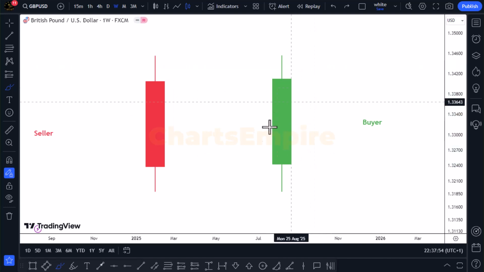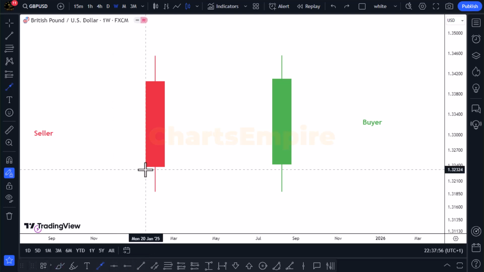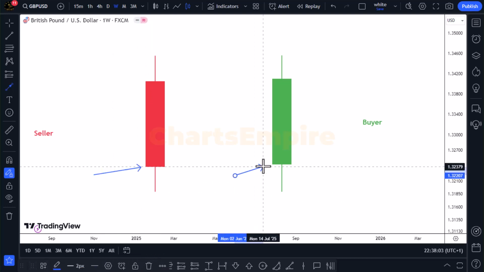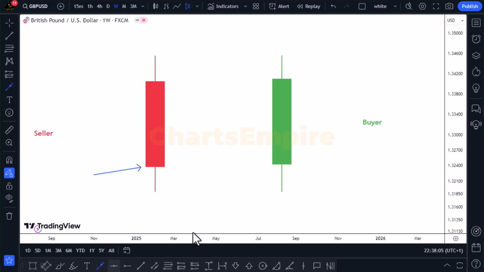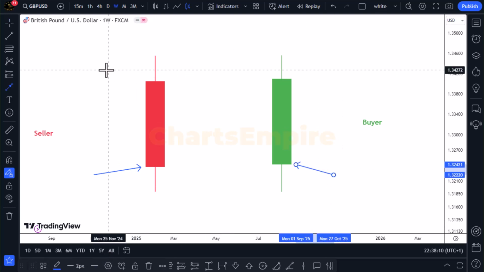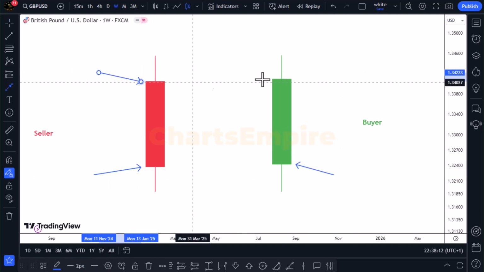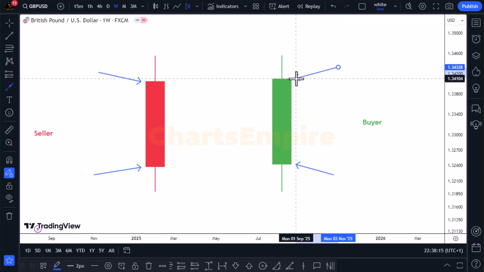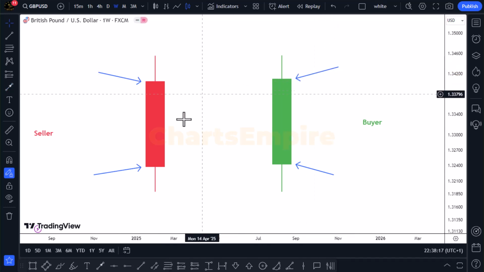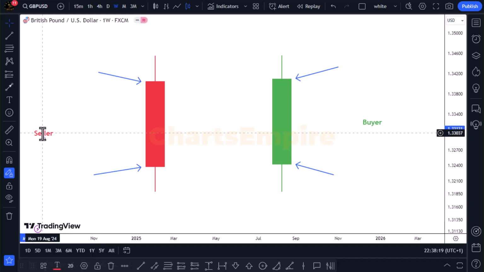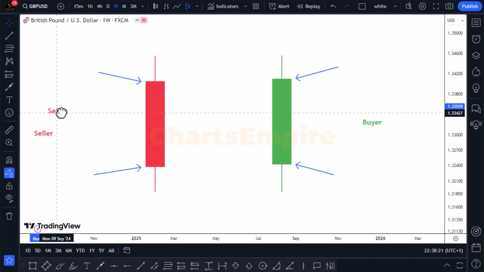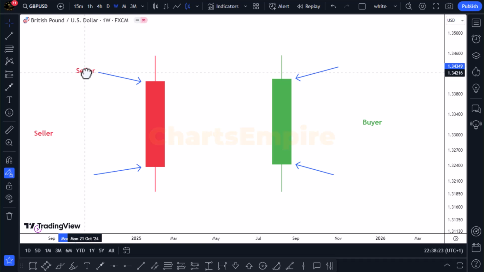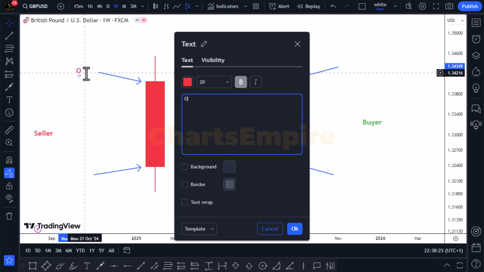Now let me mark this level right there. Now as you can see right here, we have this as the open. So we call this the open.